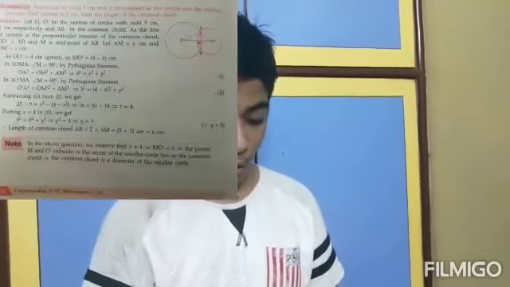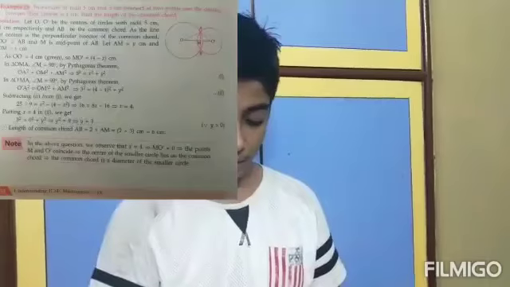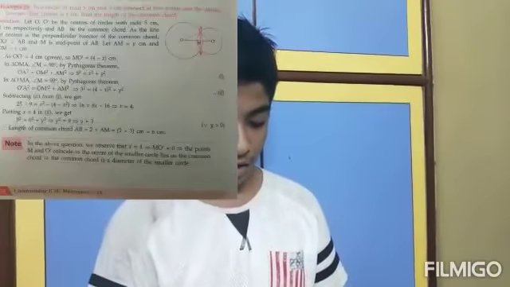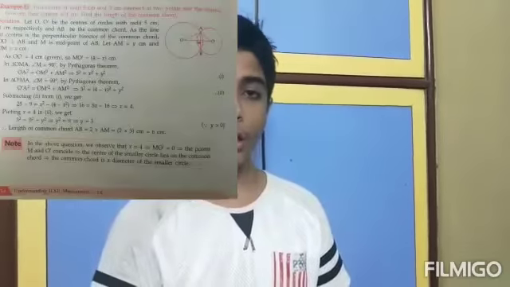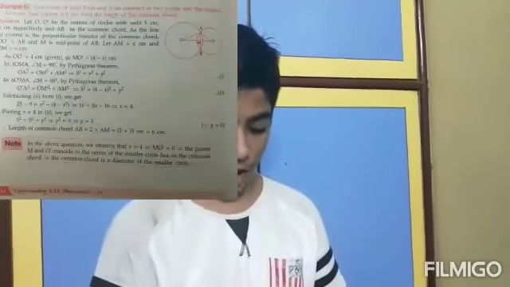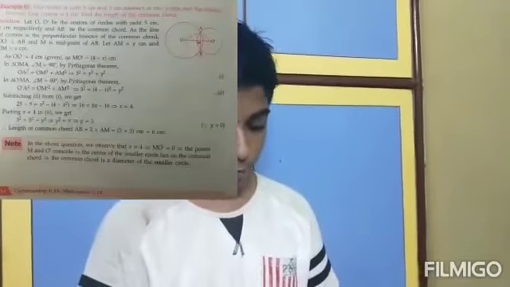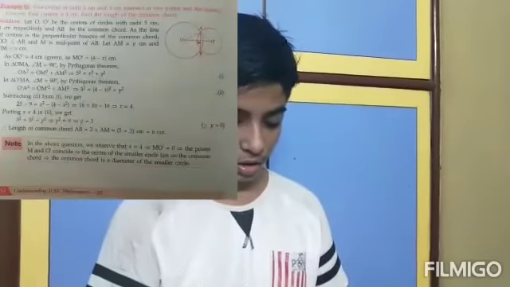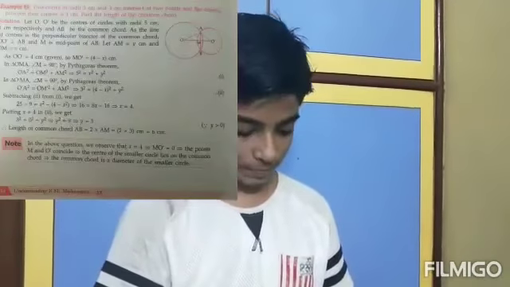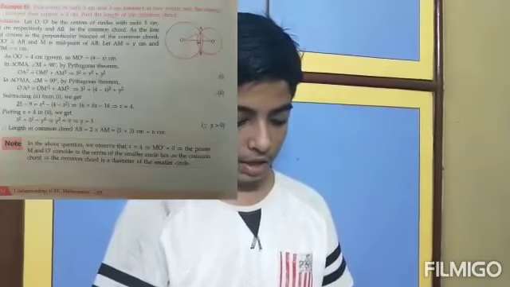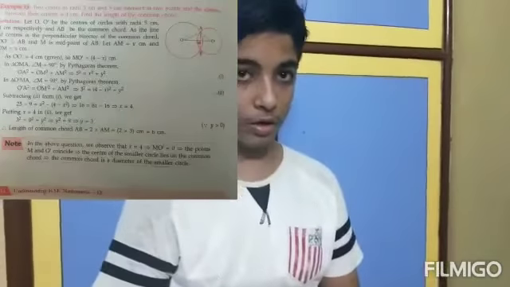Let O and O dash be the centers of the circles with radii 5 and 3 respectively. So we make the radius 5 center as O, and the radius 3 center as O dash, and let AB be a common chord.